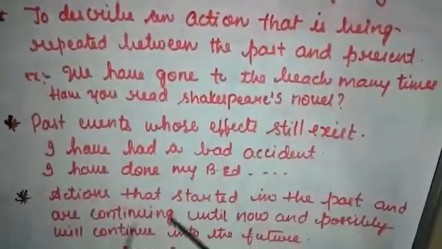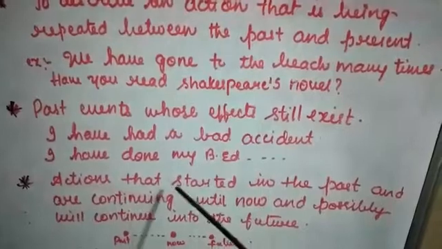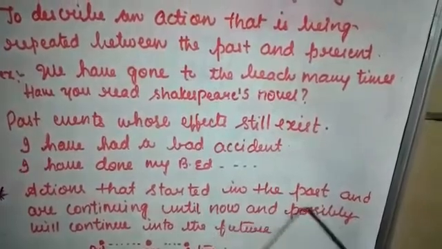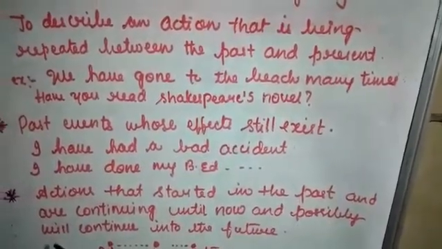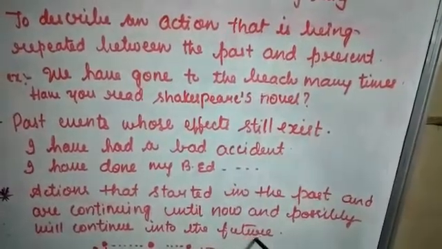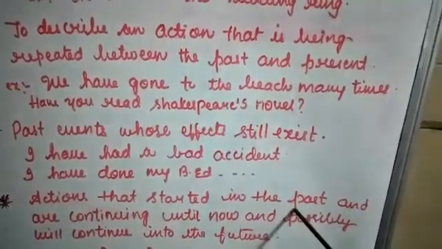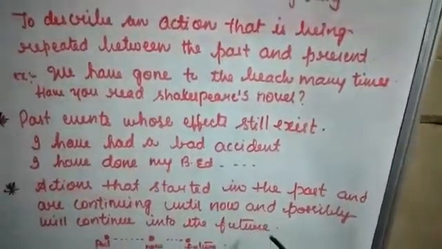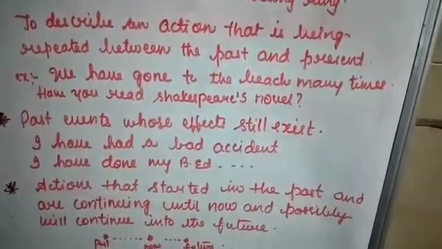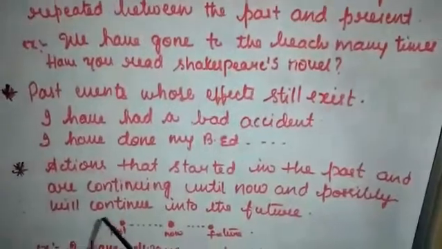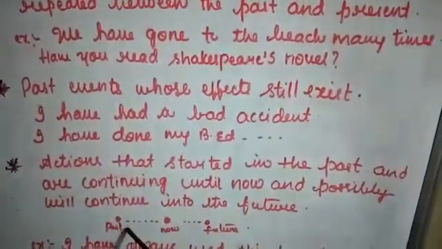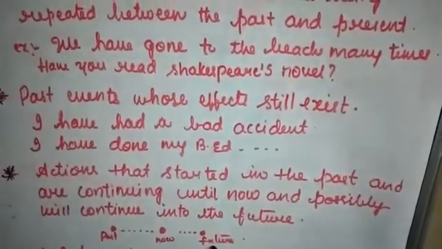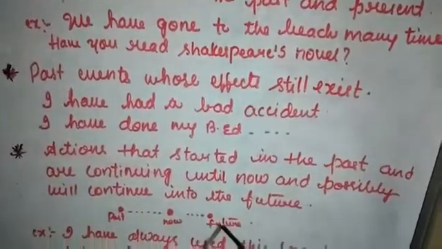Now another use of present perfect tense is actions that started in the past and are continuing until now and possibly will continue into the future. Sometimes actions that started in the past are continuing until now, and there is also a possibility to continue into the future. Such expressions should be in present perfect tense.